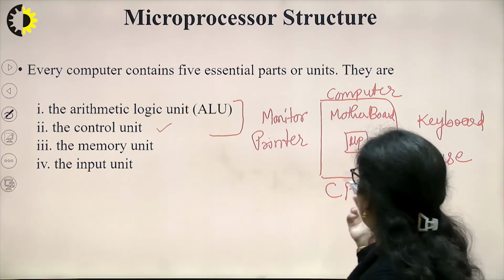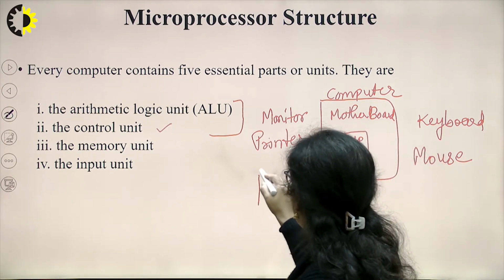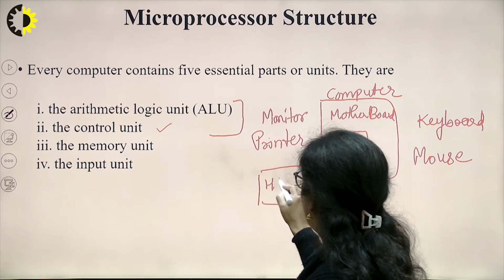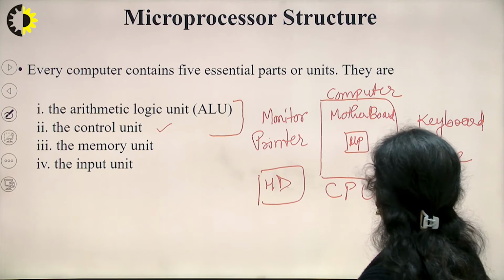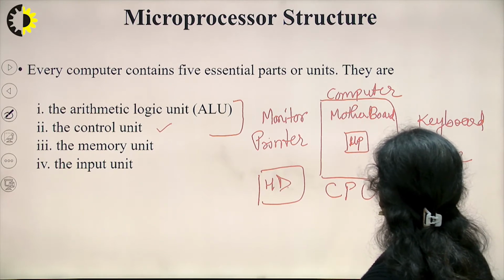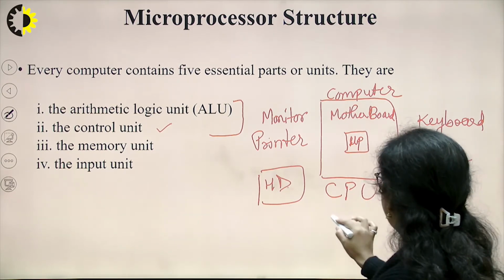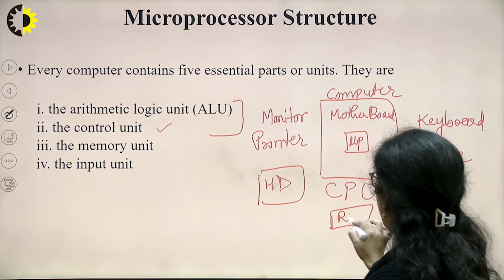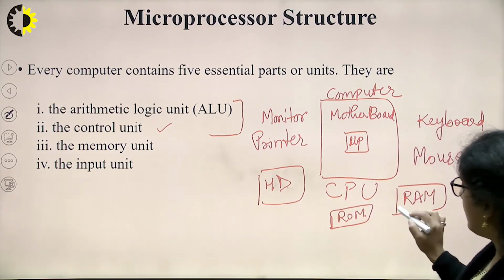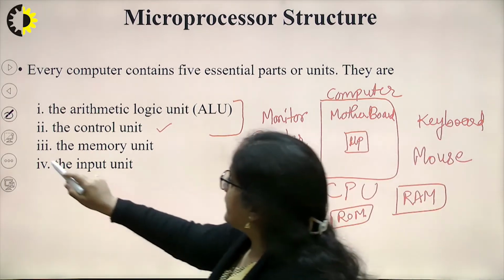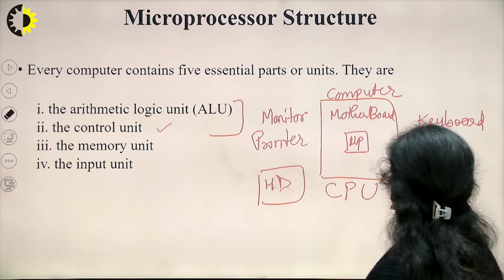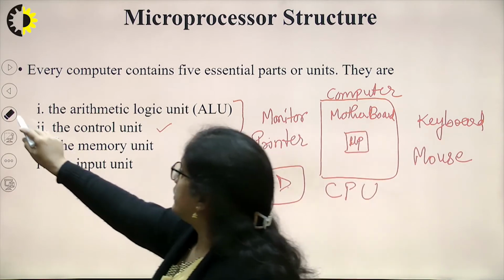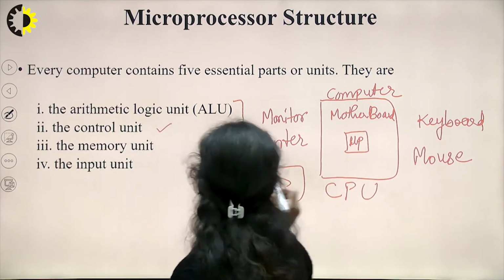One thing I had missed here is our hard drive, that is our secondary storage, and we also have primary storage. I think all of you are aware of the primary storage, that is RAM and ROM. These are inside the CPU, so I will cover them here.